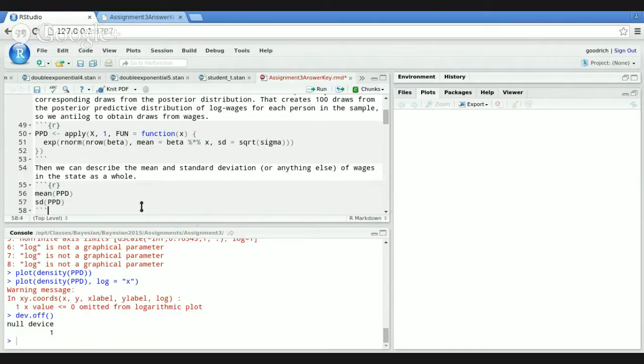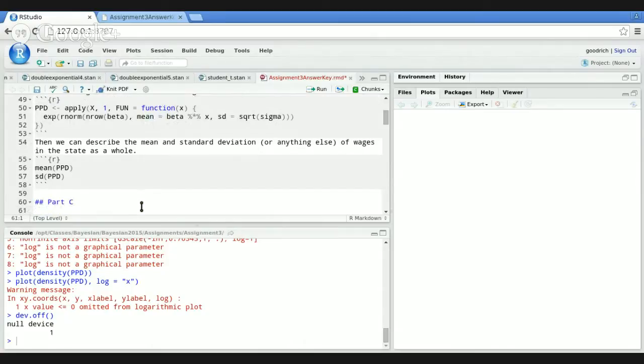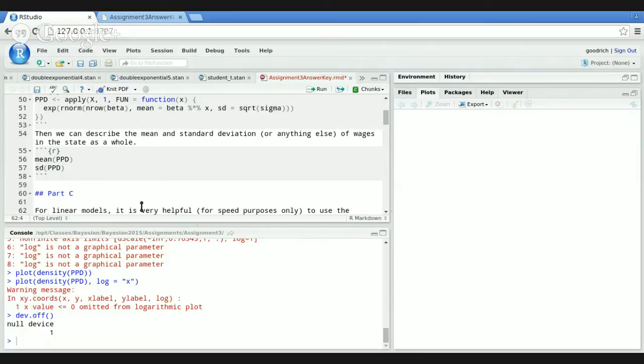And so drawing from the posterior distribution is not the last step. It's really an intermediate step, because you have to diagnose convergence and do other sorts of checks, and also draw from the posterior predictive distribution. You can draw from posterior predictive distributions either using R code, or you can use the generated quantities block of a Stan program, and then it'll just come out with the rest of the posterior distribution that Stan computes.